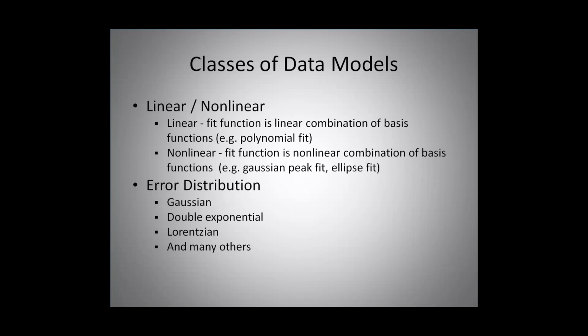And that's not a Gaussian error. That's something else. And it could be a fairly subtle error. Say you change a number from a 2 to a 3, but it would be enough to throw off, say, the intercept of a line quite a bit if it was in the wrong place in the line. So you can use a different error distribution that has longer tails to reduce the effect of something like that.